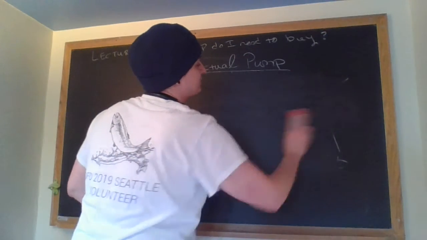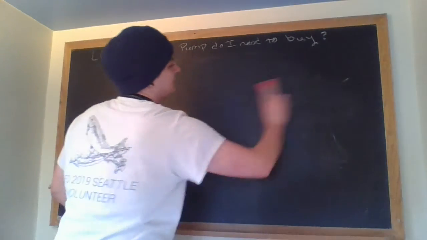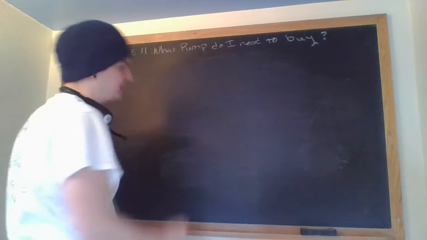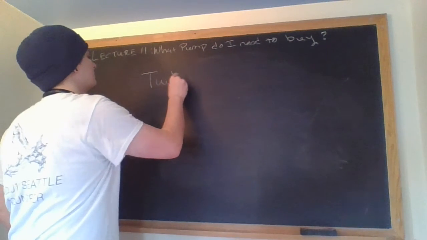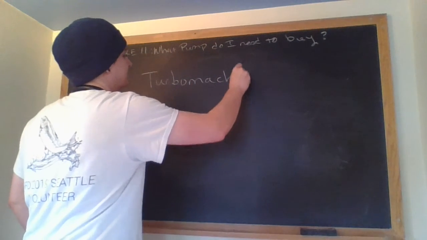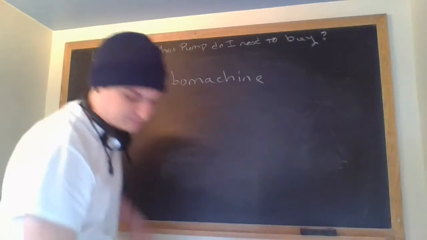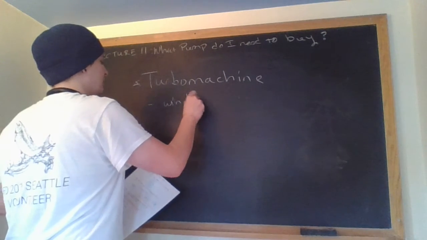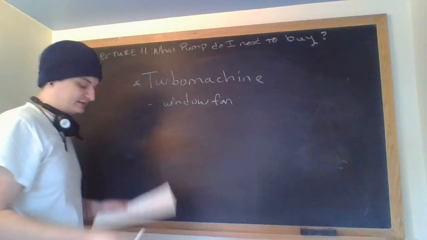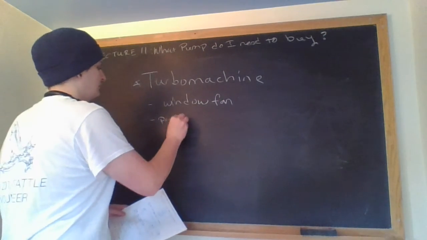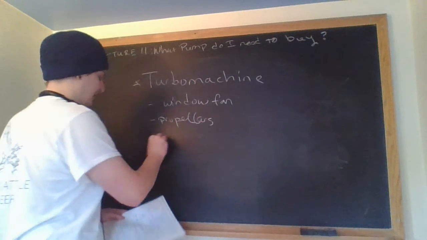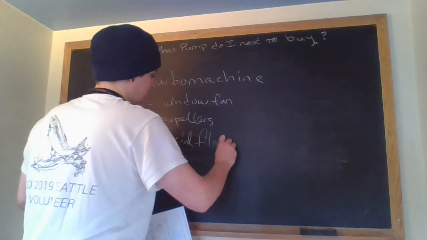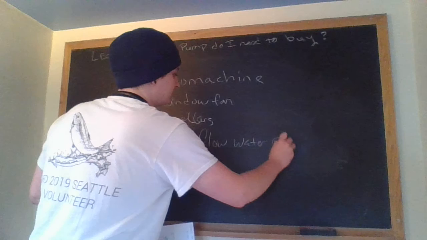We call them turbo machineries, or turbo machines. It's a pretty large term, right? These are what we're going to study for this section, and they range across a bunch of examples I wrote down. We have a window fan, propellers, axial flow water pumps.